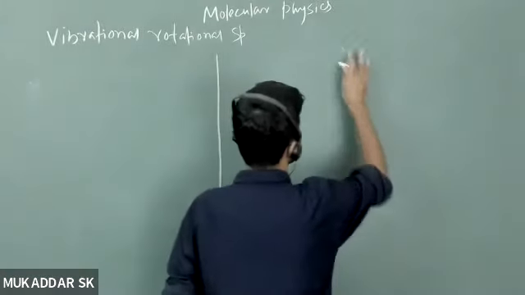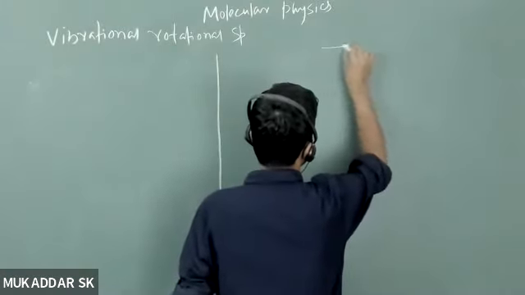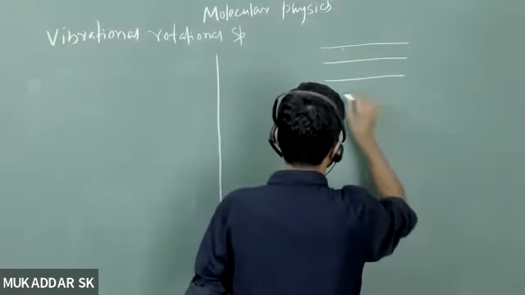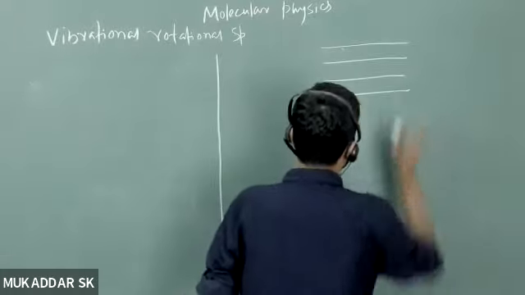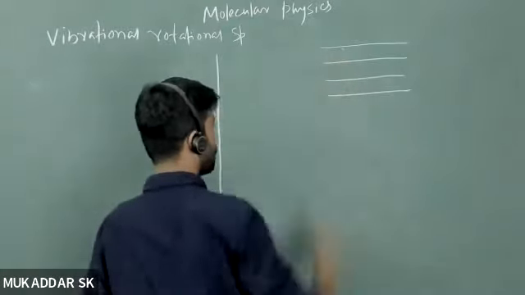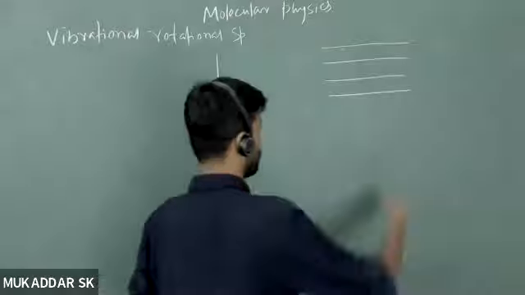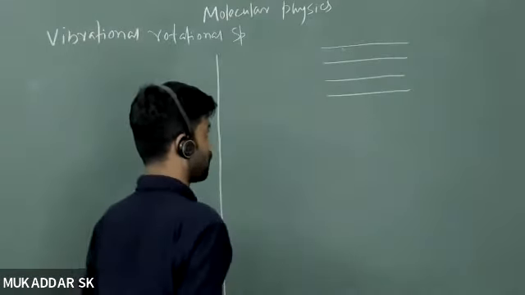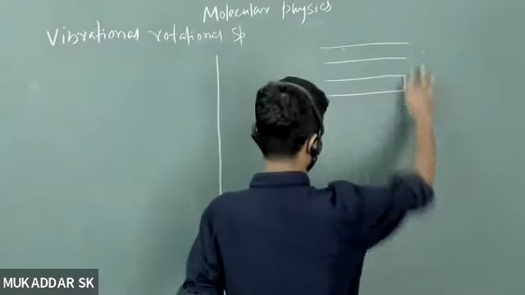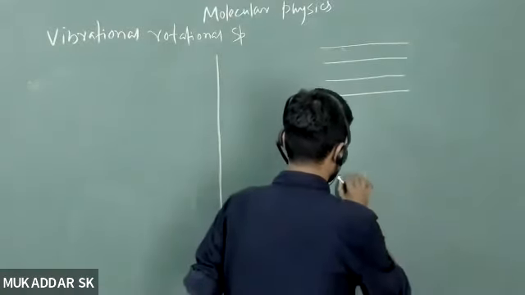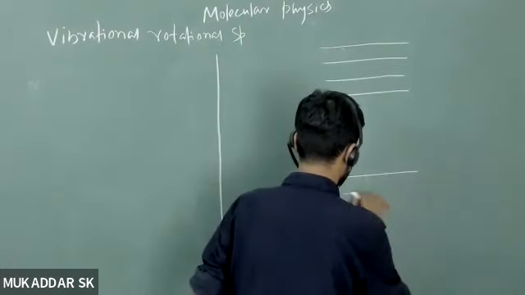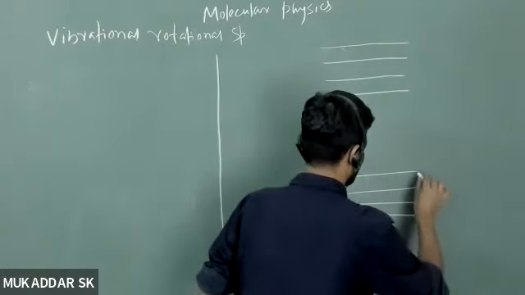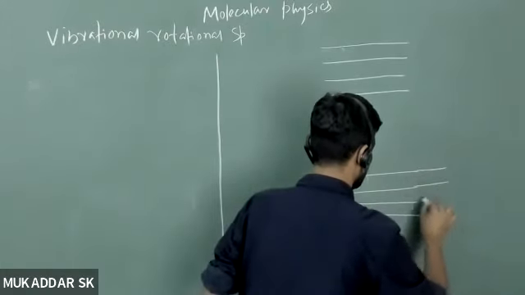So we have many rotational lines. By the way, those rotational lines will not be equally spaced. The spacing will increase with increasing quantum number. Let me extend it more.